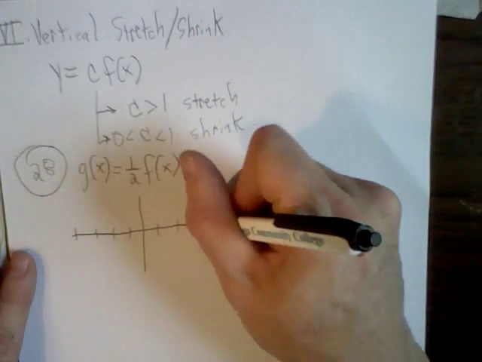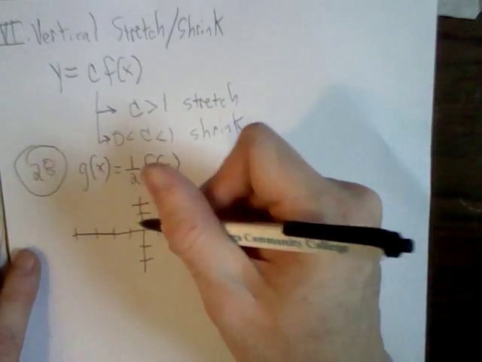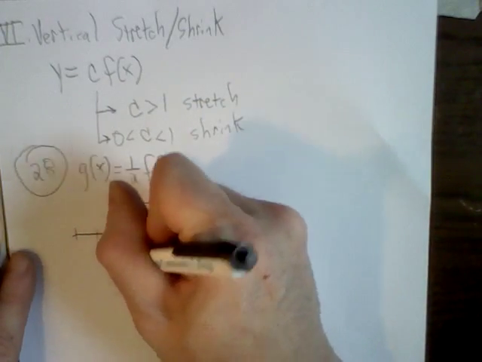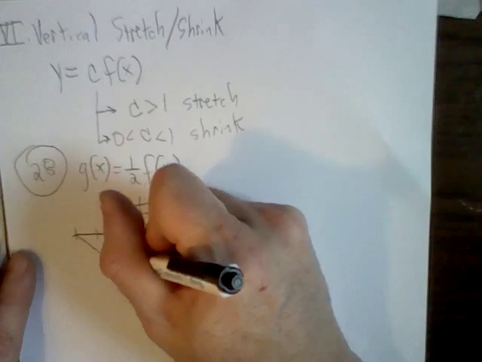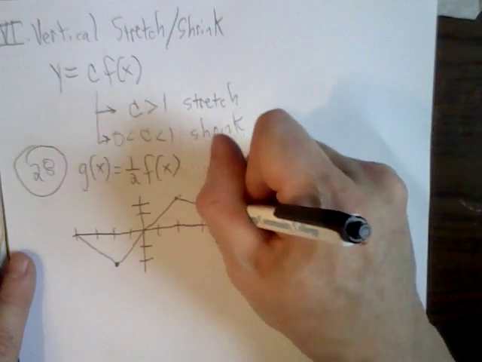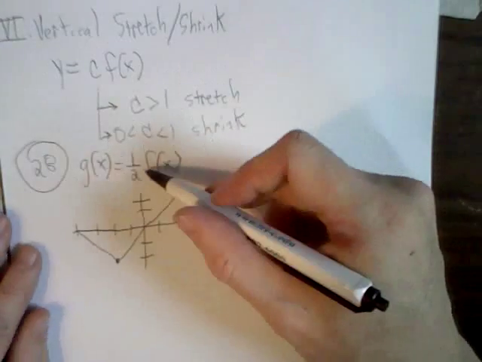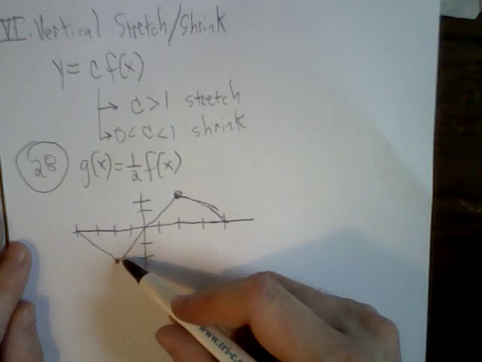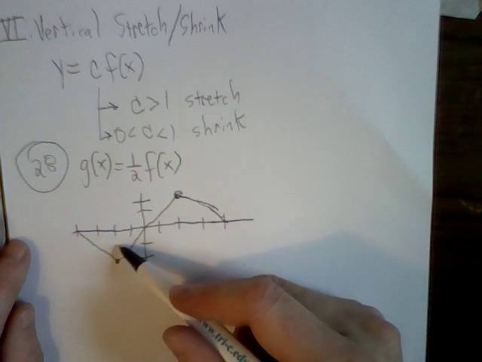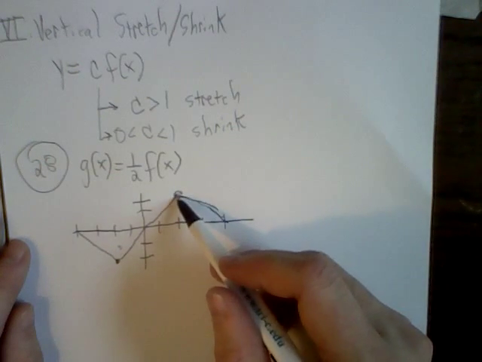It goes up to 2, and it's going down to 2 here. What's going to happen is it's going to squish all of your y values by 1/2.